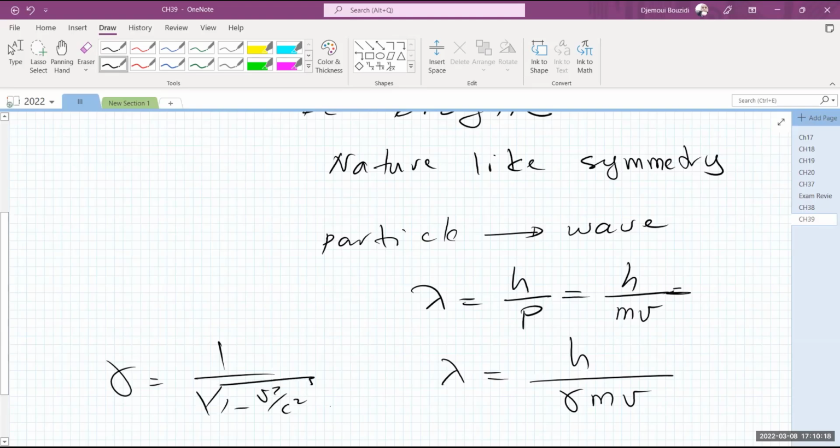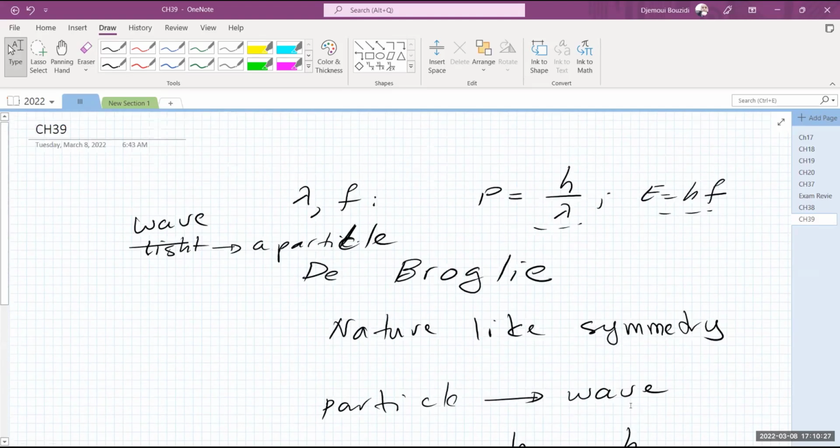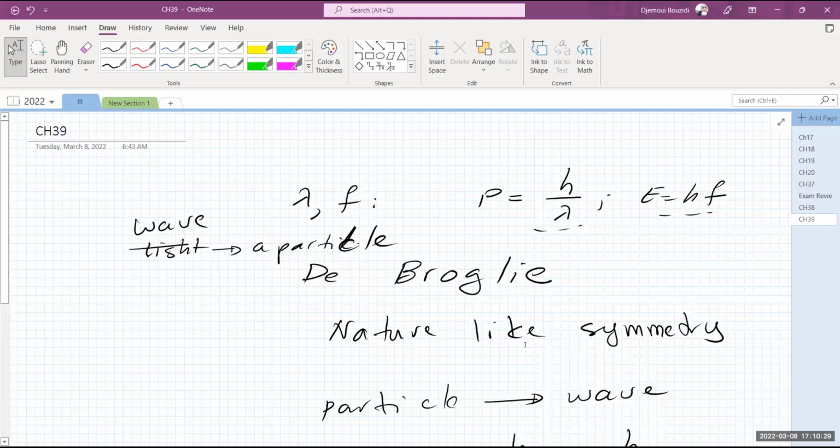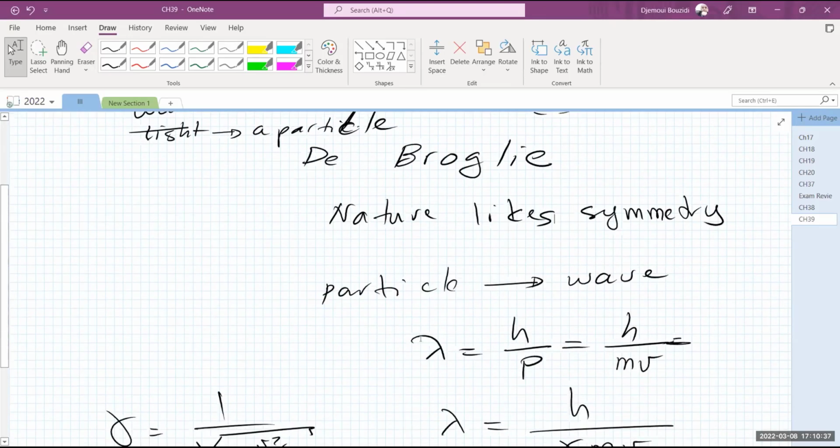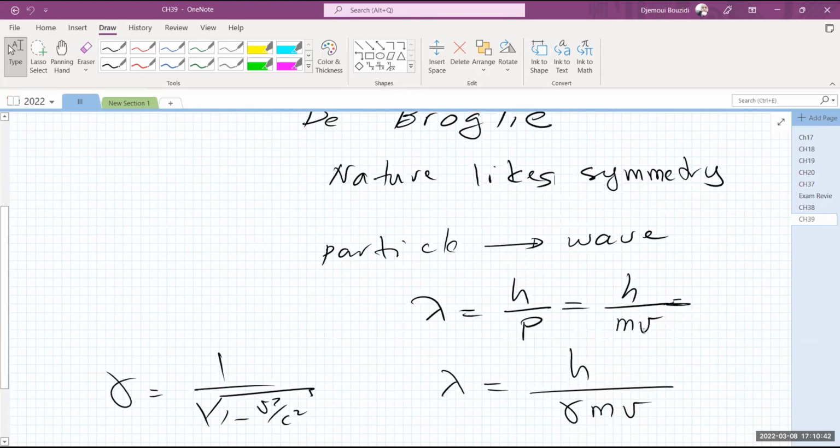You guys understand the proposal that he made in his thesis? Sort of. All he said was nature likes symmetry. If a wave behaves like a particle, that's what we saw, shouldn't a particle also behave like a wave? So if a particle has a definite momentum, which is mass times velocity, then it has a wavelength according to this expression.